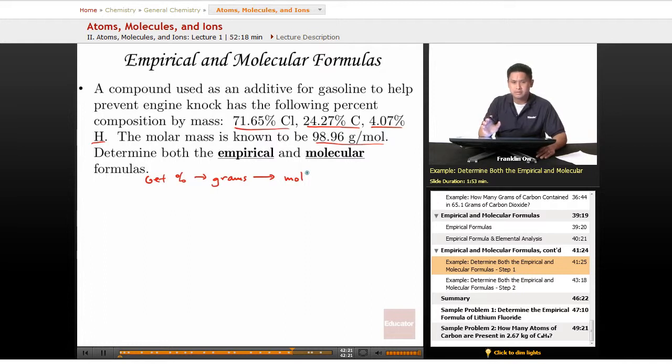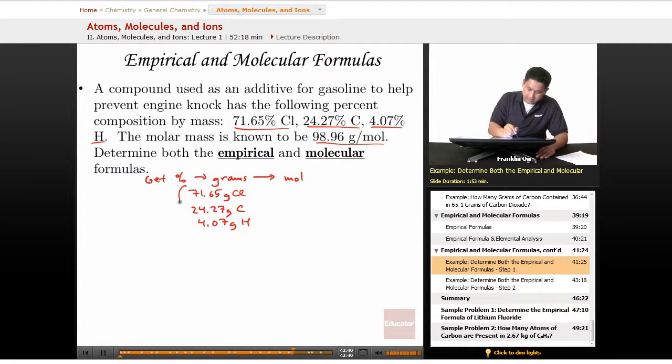So if we assume 100 grams of compound, the percentages automatically become grams. And so we have 71.65 grams of chlorine, 24.27 grams of carbon, and 4.07 grams of hydrogen, again assuming 100 grams of compound.